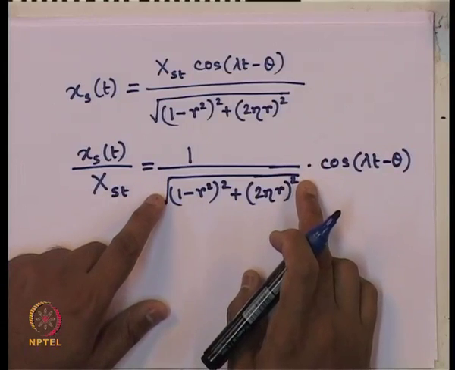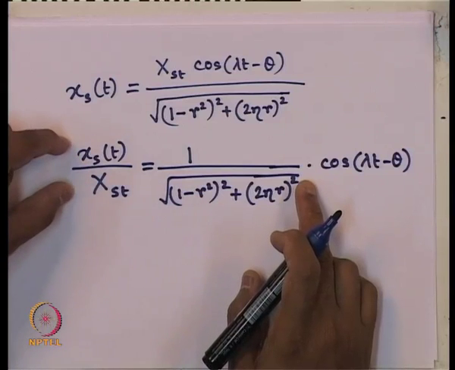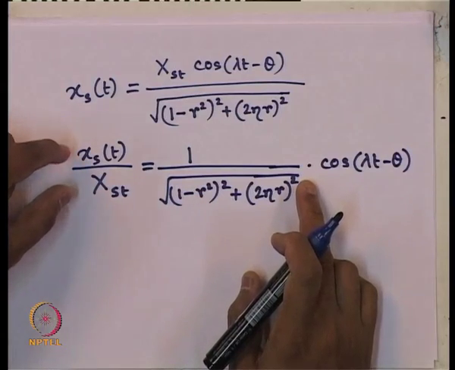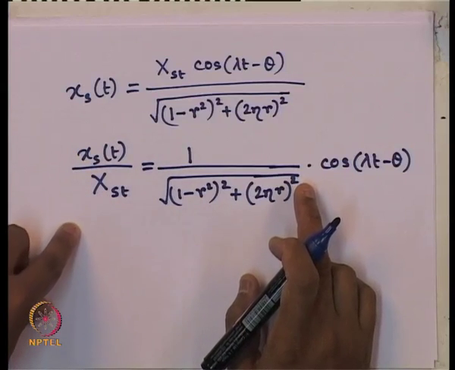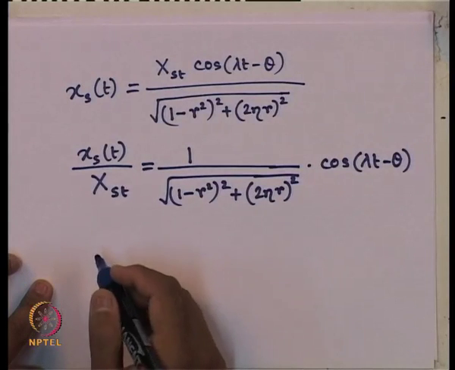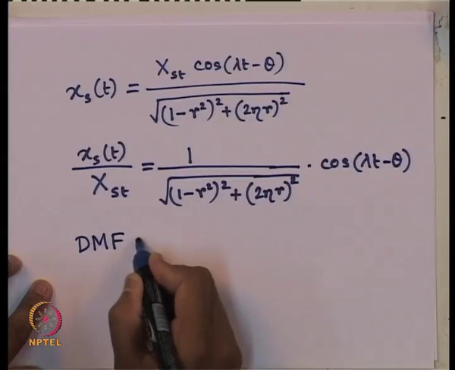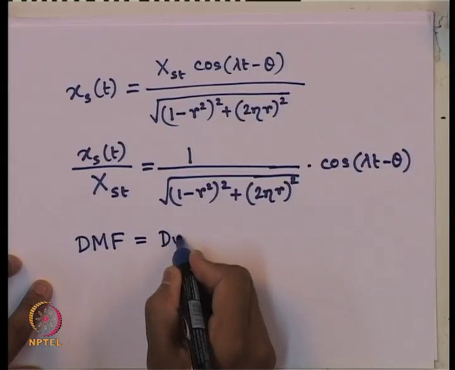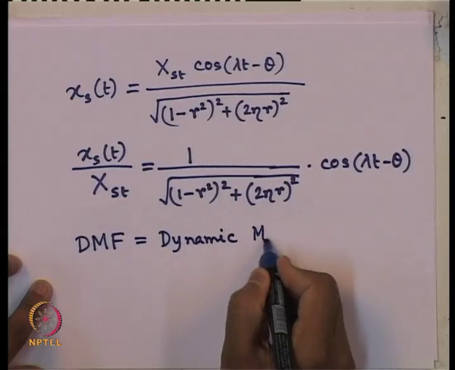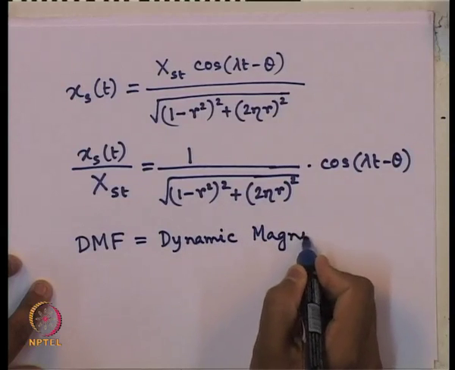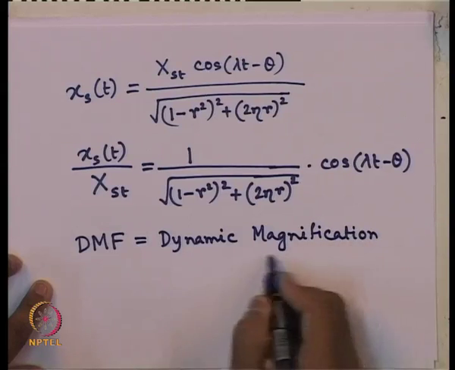So, the maximum value of the ratio of steady state displacement to the static displacement is known as dynamic magnification factor, DMF.